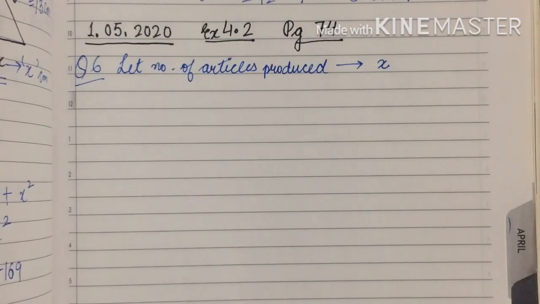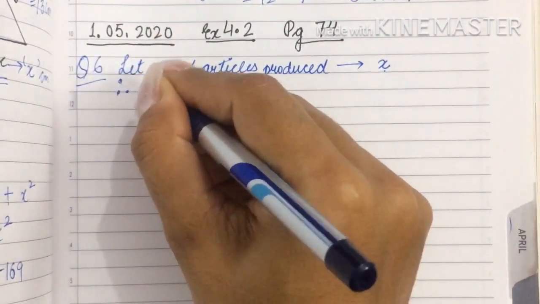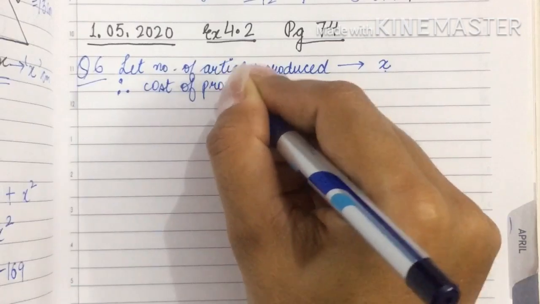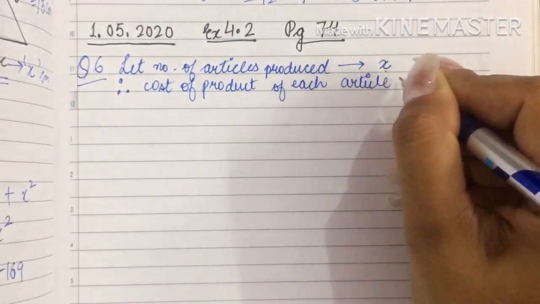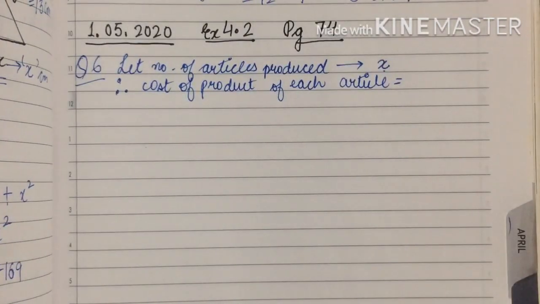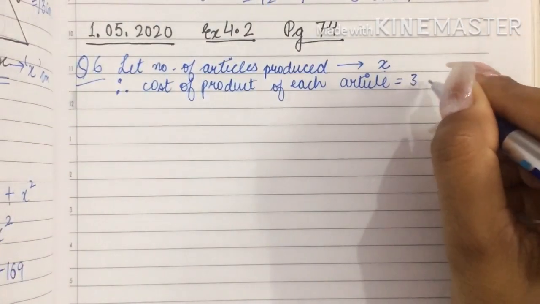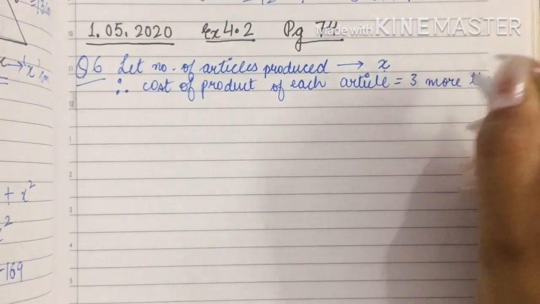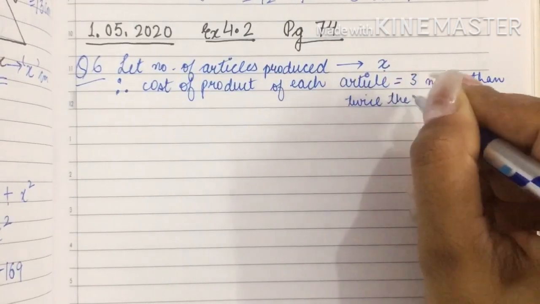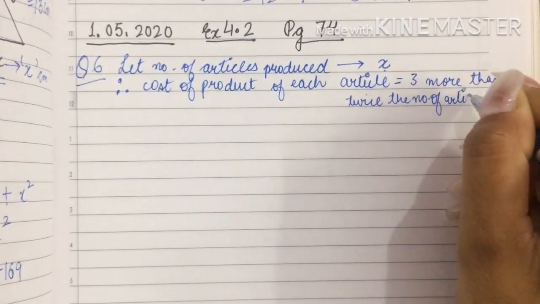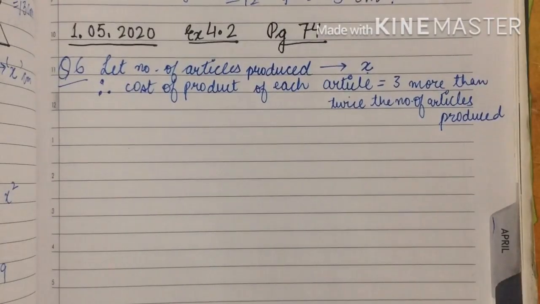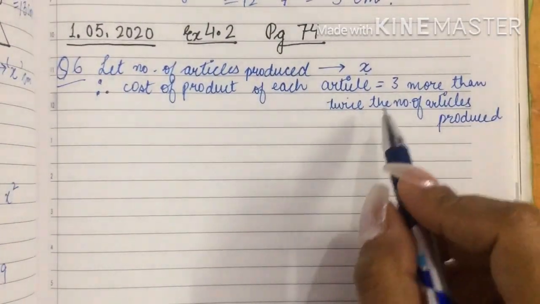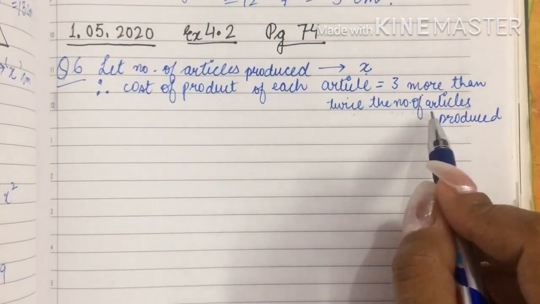So on that day, if we assume that x articles were manufactured, then the cost of production of each article, this is given in the question, is 3 more than twice the number of articles produced. This is something we will use to let the value. 3 more than twice the number of articles produced.